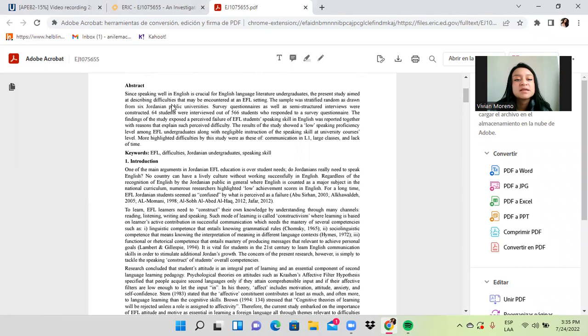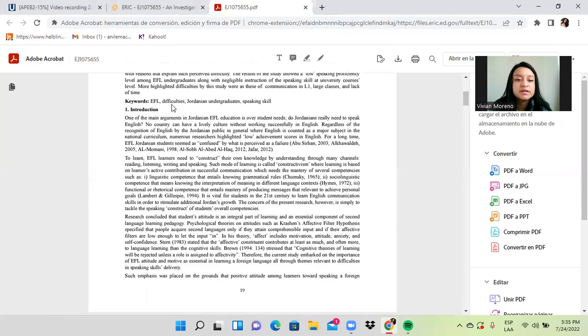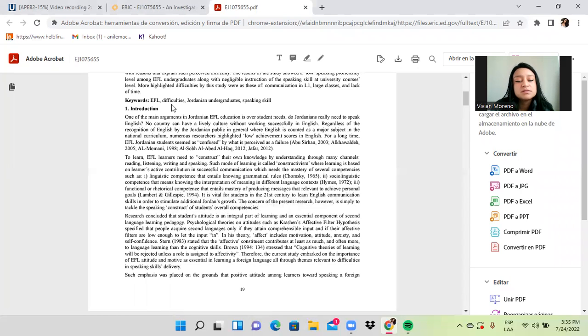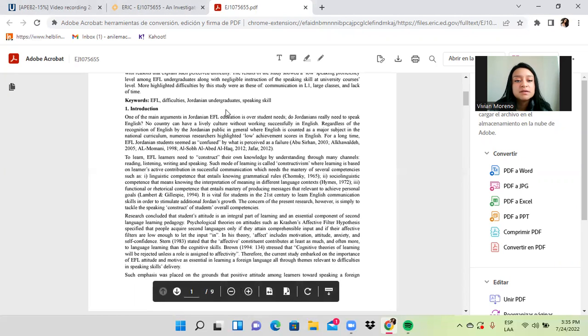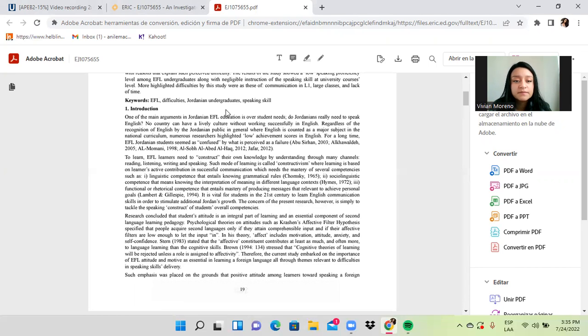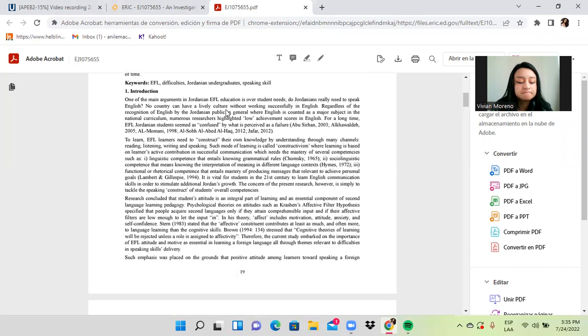The reader can identify the information they are going to find here. The keywords are the main words involved in the journal article. Then we have the introduction.